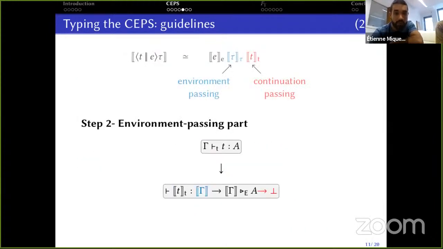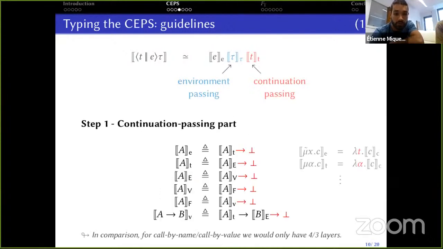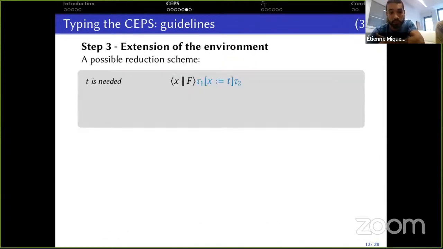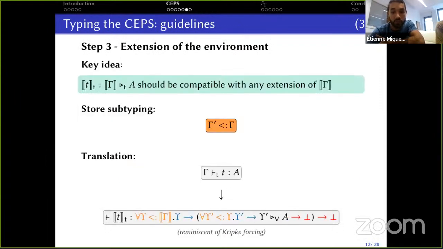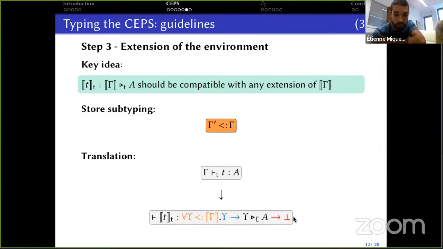When we have a usual CPS translation, what we do is just have some negations everywhere to say we are passing a continuation and the return type is bottom. But in this setting, it's much more tricky, in the sense that we need to take into account, of course, the continuations, the part which is returning to bottom here, but we also need to take an environment here whose type is related to the typing context in the original calculus.